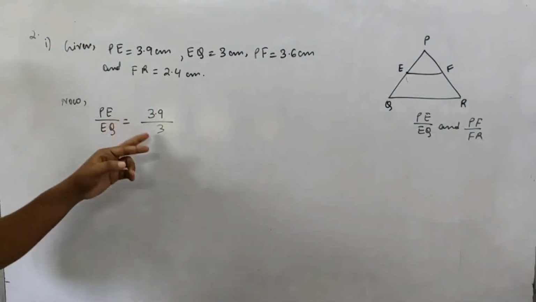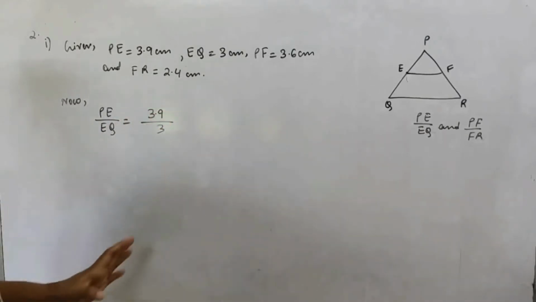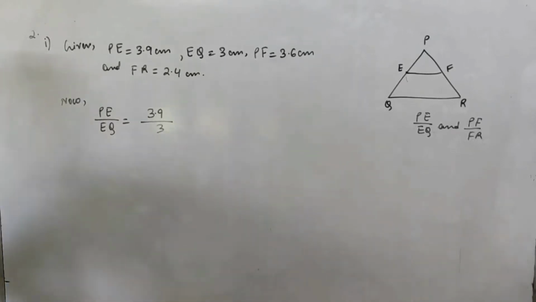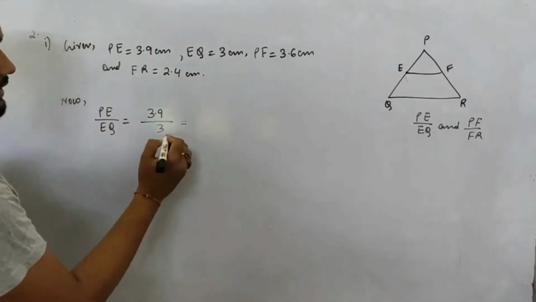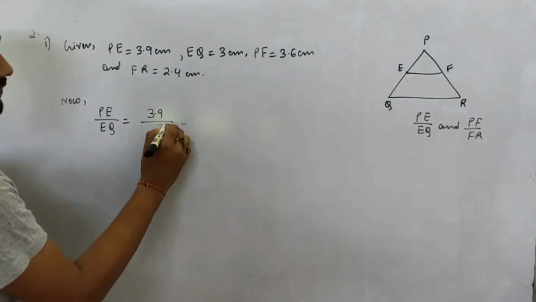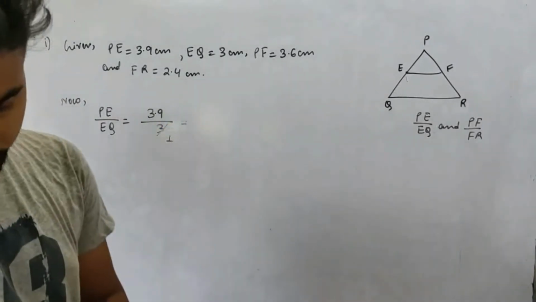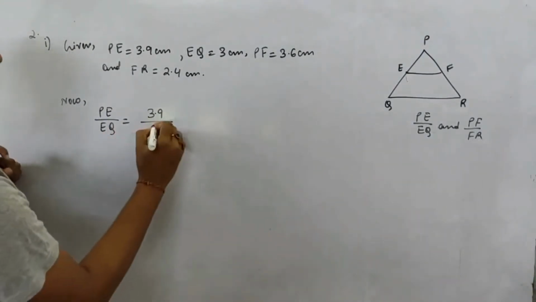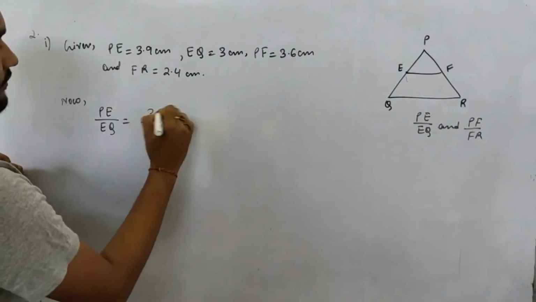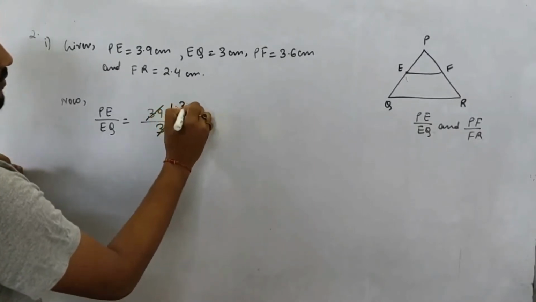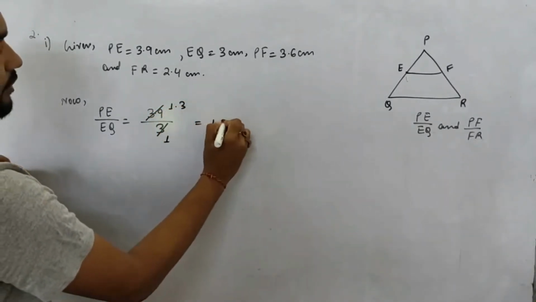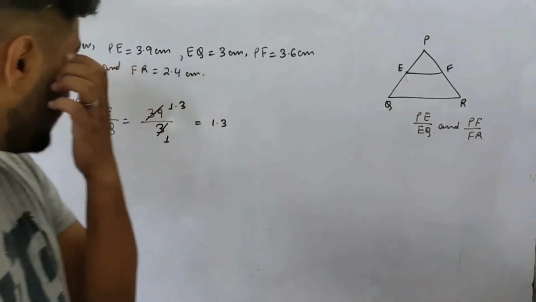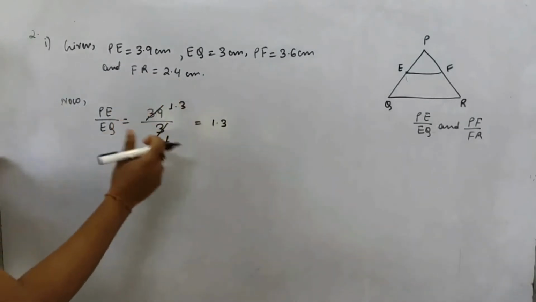So PE is 3.9, EQ is 3, and I can cancel this now. 3 ones are 3, then again 3 threes are 9. So I will get 1.3. PE by EQ, I have got 1.3.